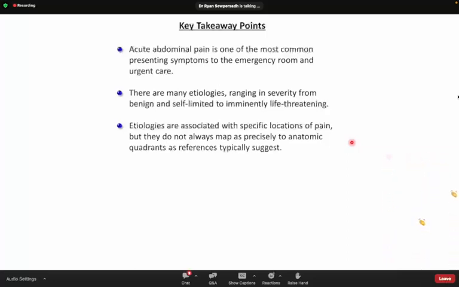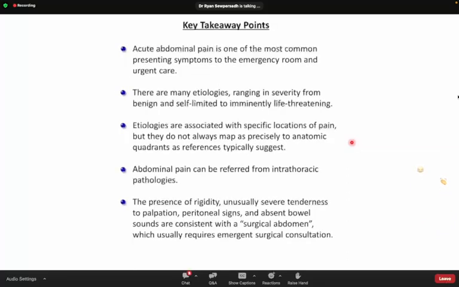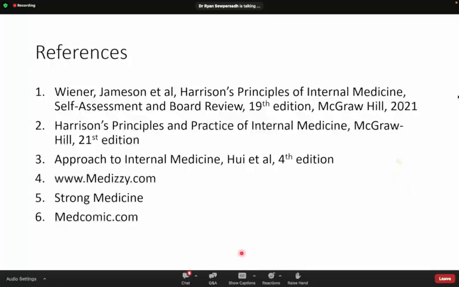Once again, a case of textbooks doesn't always equate to reality. Abdominal pain can be referred from intrathoracic pathologies. And finally, the presence of rigidity, unusually severe tenderness to palpation, peritoneal signs, and absent bowel sounds are consistent with what we call a surgical abdomen, which usually requires emergent surgical consultation.